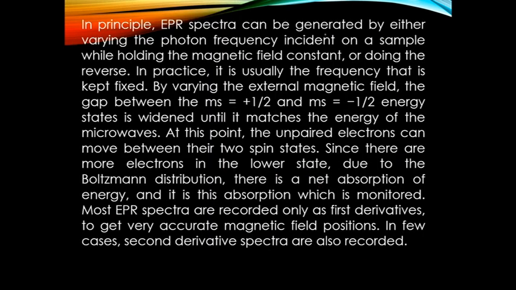In principle, EPR spectra can be generated by varying the photon frequency incident on a sample while holding the magnetic field constant, or doing the reverse. But often the reverse is done, and the microwave frequency is kept constant by varying the external magnetic field. By varying the external magnetic field, the gap between the upward and the downward spin energy is widened until it matches the energy of the microwaves.